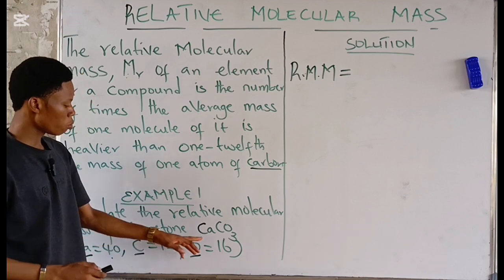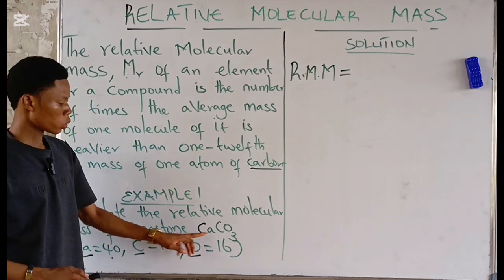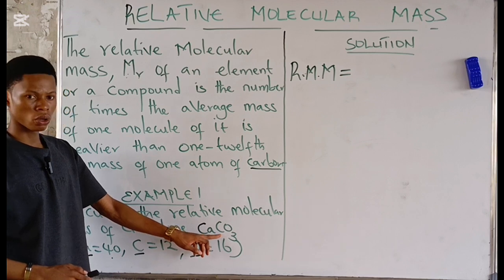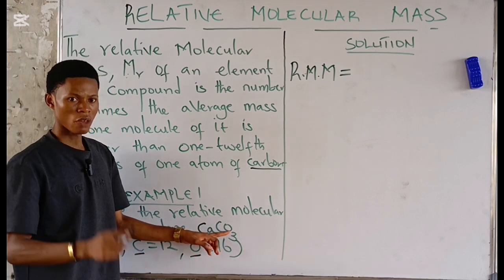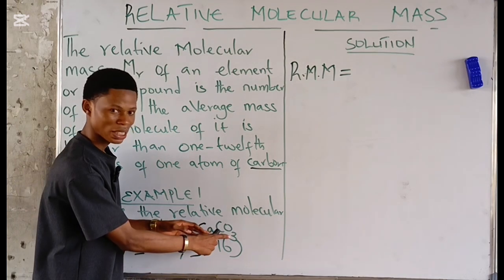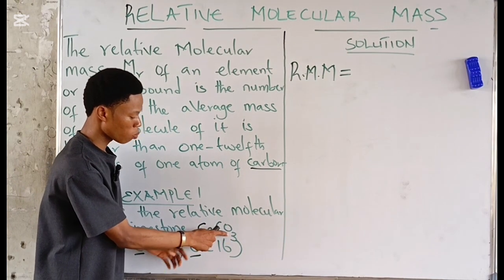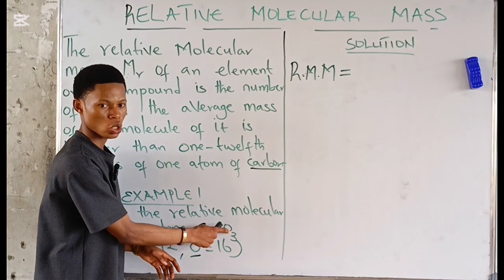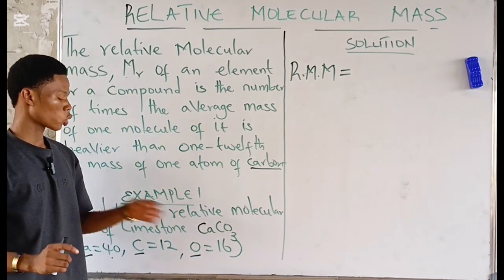So what that means is we'll be adding the relative atomic mass of calcium plus the relative atomic mass of carbon plus the relative atomic mass of oxygen. But if you check very well, we have 3 beside oxygen, so 3 atoms of it. So we'll be using 3 to multiply the relative atomic mass of oxygen. That will give us the relative molecular mass of this compound.